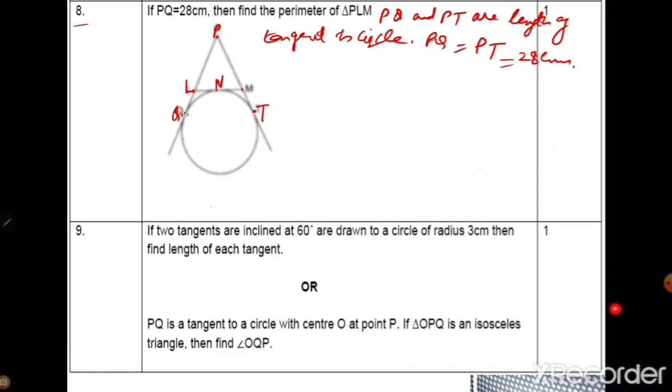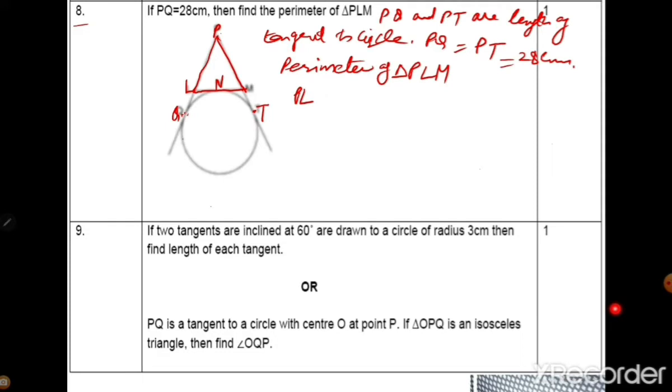Right. So now we have to find the perimeter of triangle PLM. Which triangle? This one, PLM. So what is the perimeter? Perimeter of any triangle, any figure, is the sum of all the sides.